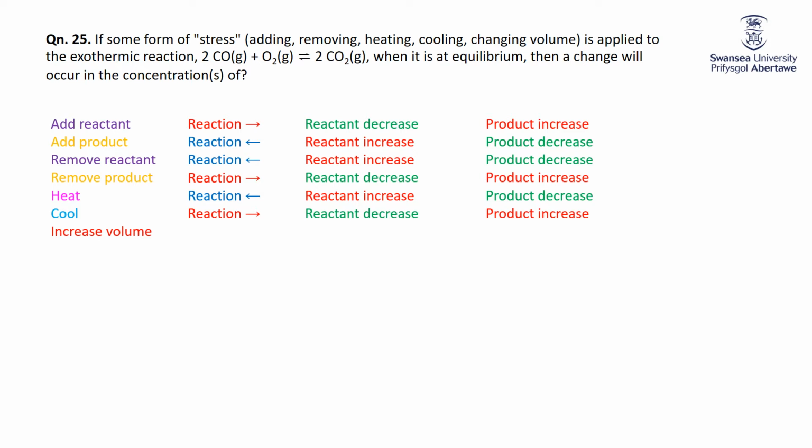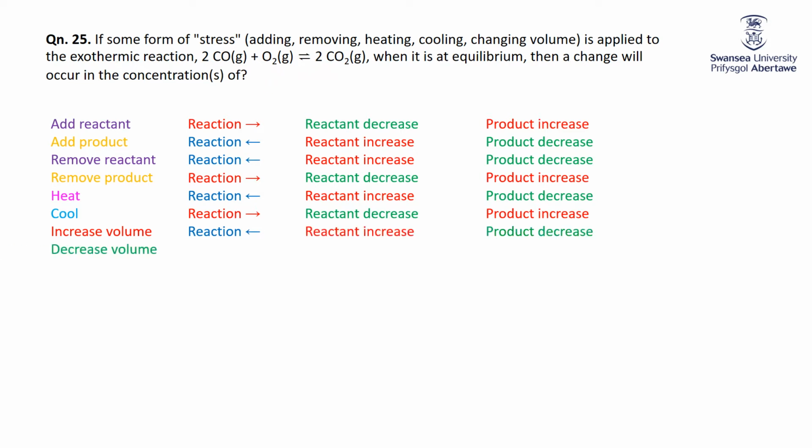Now, if we increase the volume, that's the same as decreasing the pressure. And if we decrease the pressure, the reaction wants to increase the pressure again, which means it goes to the side with more molecules. In this case, you've got 3 molecules of gas on the left, only 2 on the right. So to make more molecules, you go to the left.